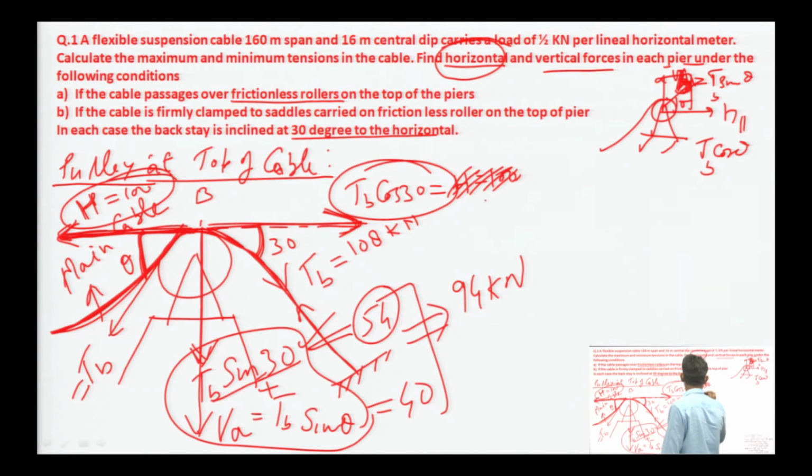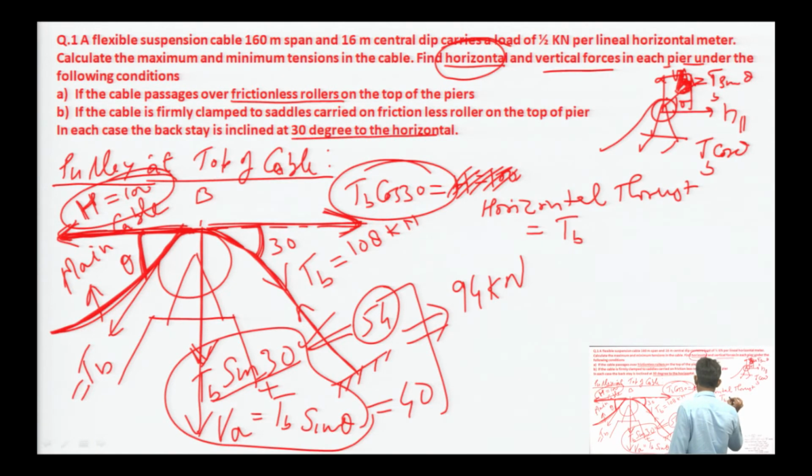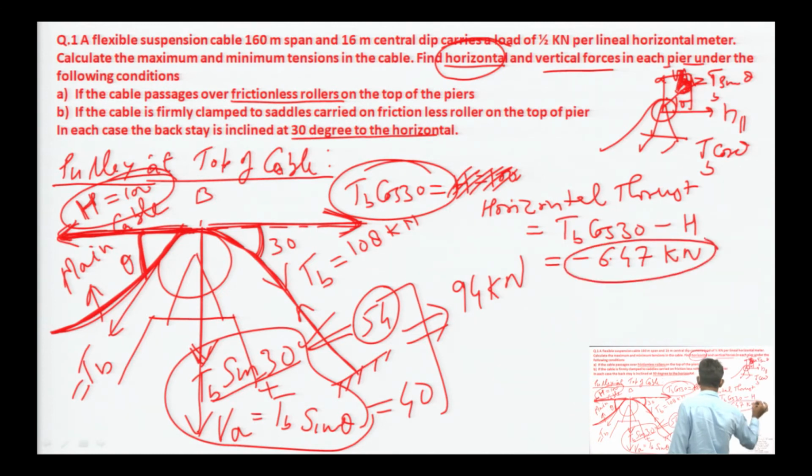The horizontal thrust would be T B cos 30 minus H, and that value will be minus 6.47 kilonewton. Minus sign shows that it is acting inside, in this direction. So, this is the value of the horizontal thrust for case number A.